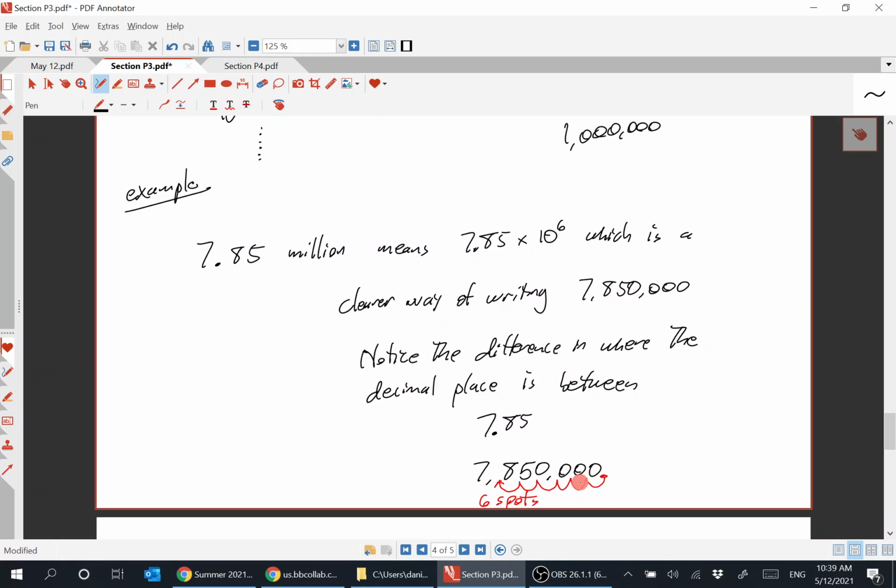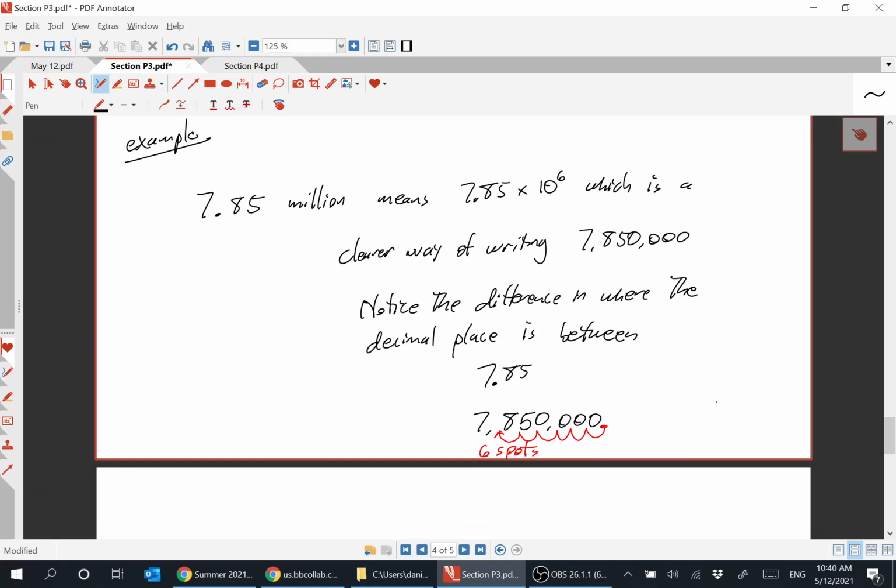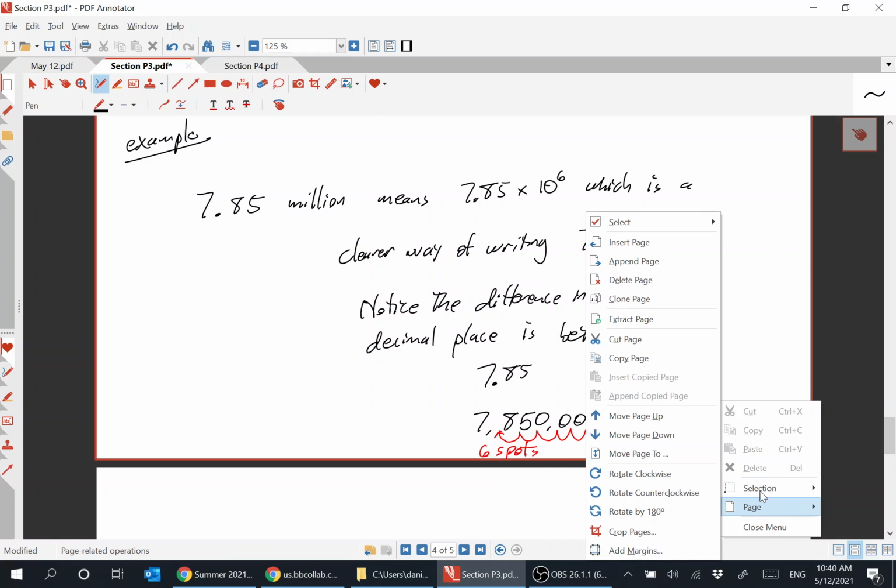Sometimes with all these zeros, you get caught up in counting how many zeros there are. Here it's telling you to shift the decimal place back 6 places. You don't have to count how many number spots there are anymore when you write it this way. Another example.